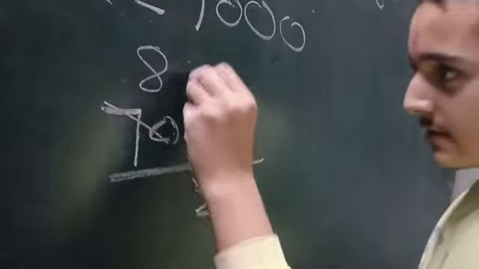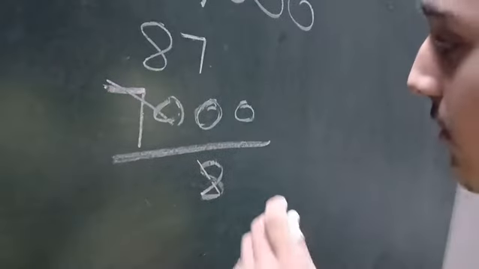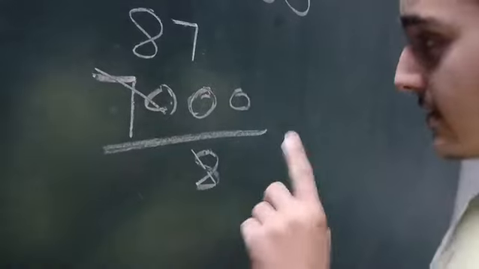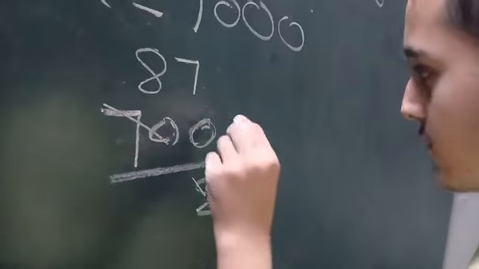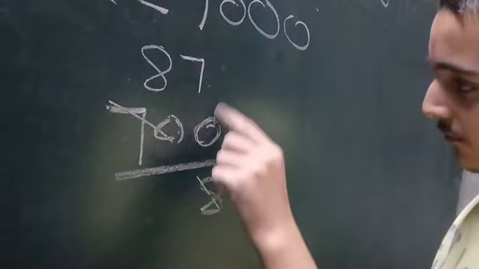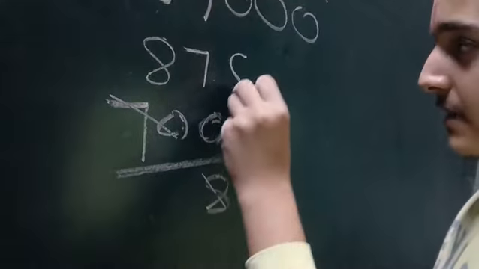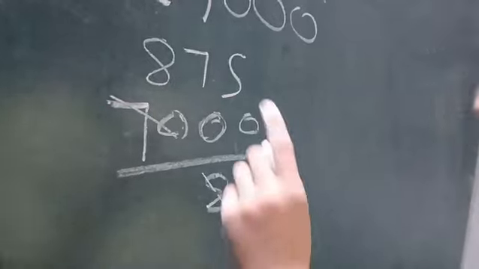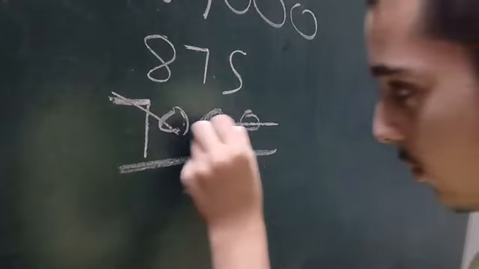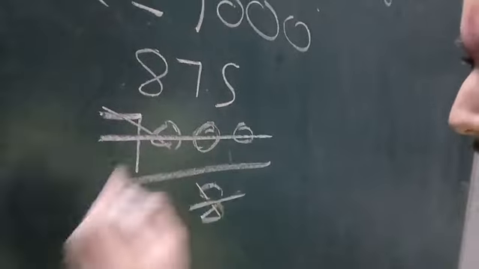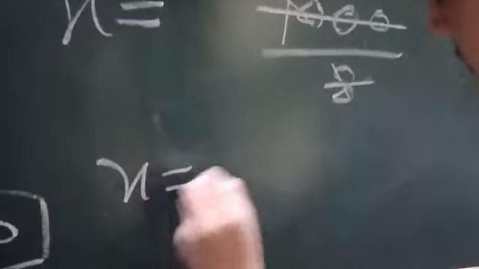After subtracting 56 from 60 we will get 4, so here it will become 40, and 8 5s are 40.